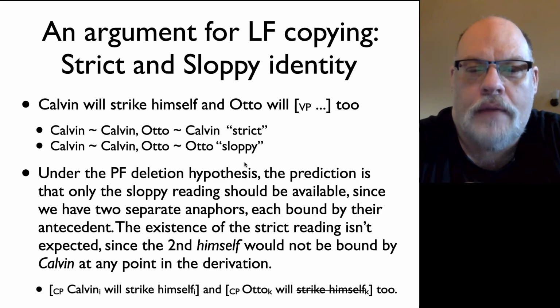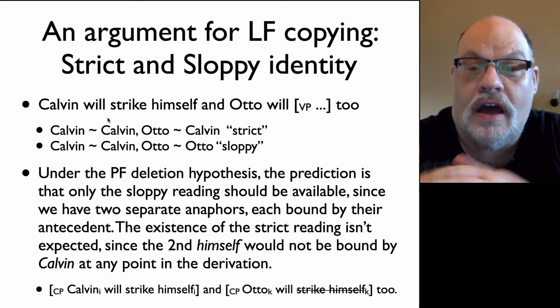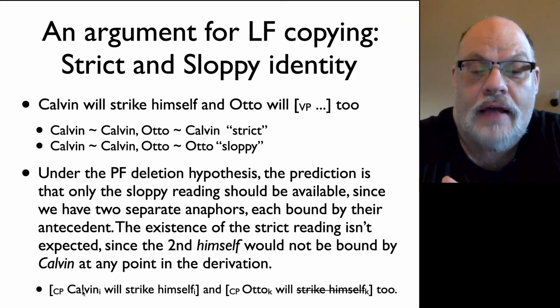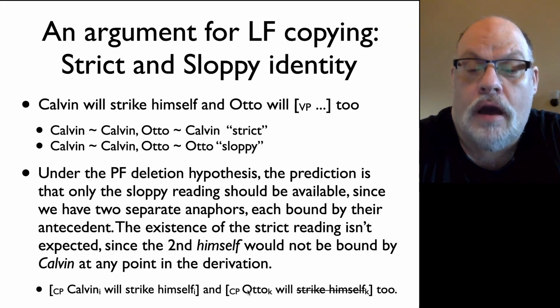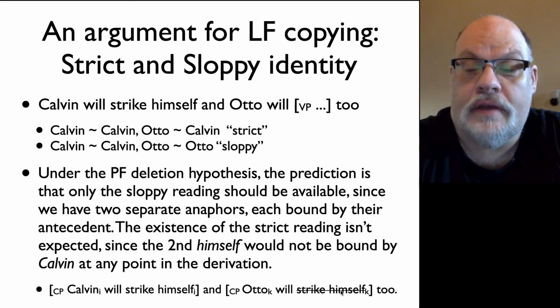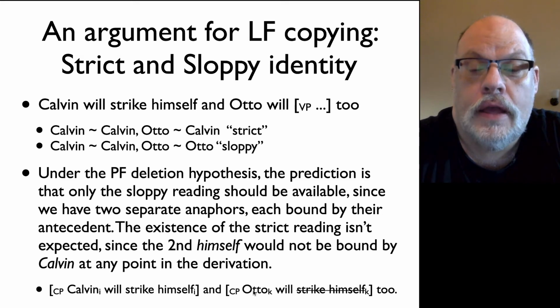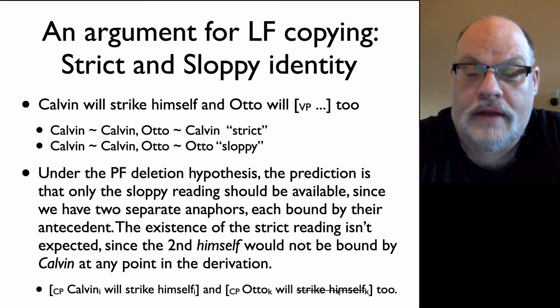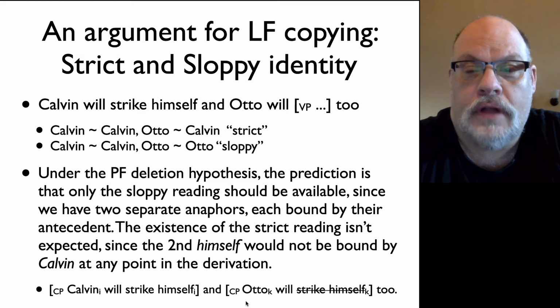So under the PF deletion hypothesis, we actually predict that only the sloppy interpretation will be available. Because what we have underlyingly is a clause that is "Calvin will strike himself and Otto will strike himself." And by the binding conditions, the first "himself" has to refer to Calvin and the second "himself" has to refer to Otto, because these anaphors find an antecedent within their clause.